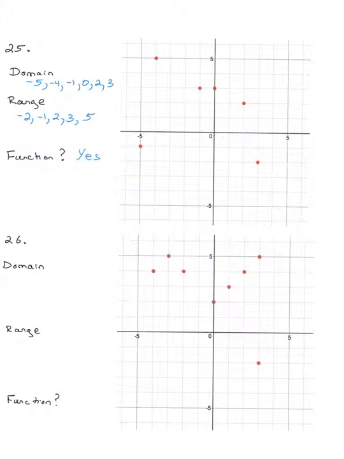So let me just write those down. -4, -3, -2, 0, 1, 2, and 3. Likewise, let's quickly go through for the range. For the range, we have -2, 2, 3, 4, and 5. So that was -2, 2, 3, 4, and 5.